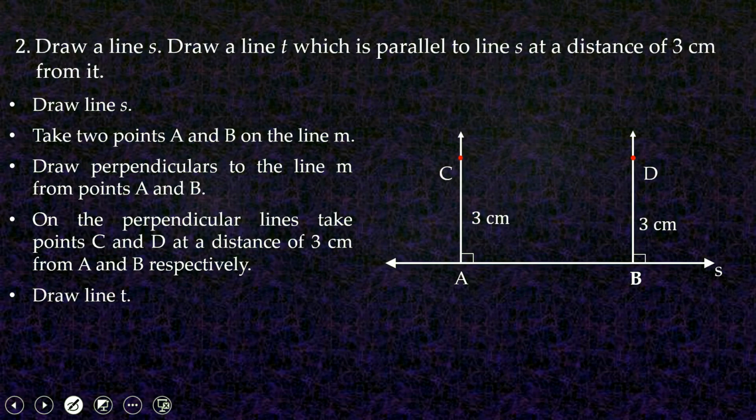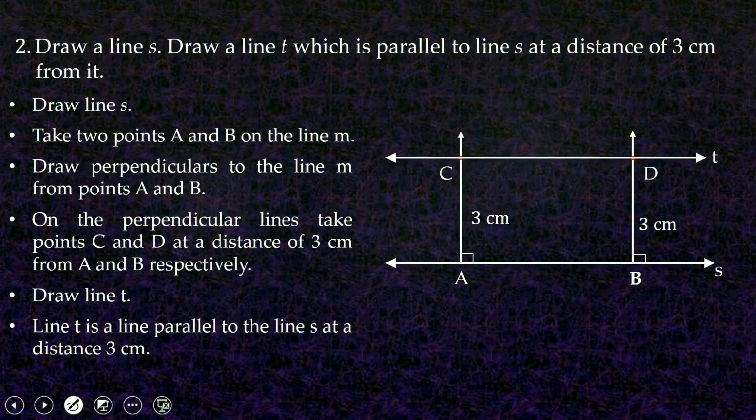Using the scale, draw line T. So line T is a line parallel to the line S at a distance 3 cm.